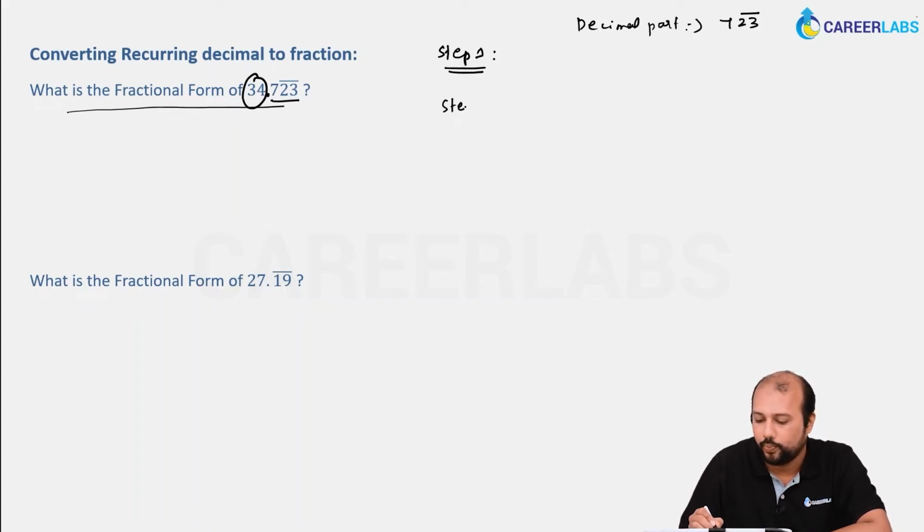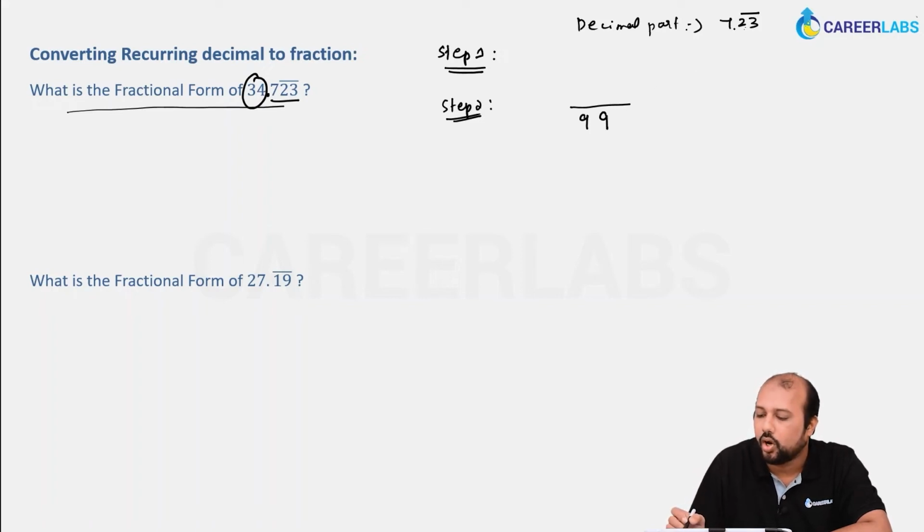Now step 2, while writing the denominator, use 9s for the recurring digits and 0 for the non-recurring digits, and first write the recurring digits. Here there are 2 recurring digits, so we will use 2 9s. For every recurring digit you will use a 9.